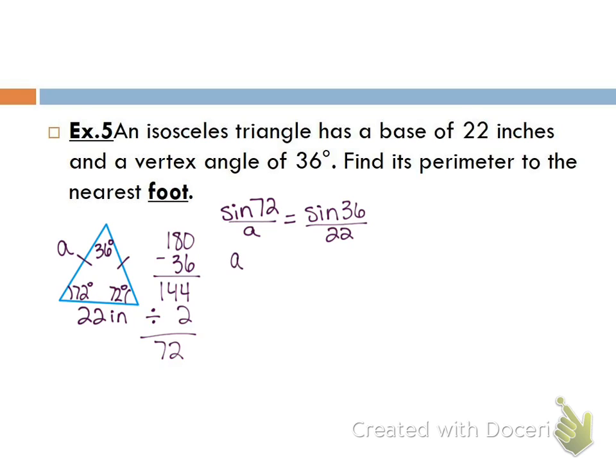Okay, when we cross multiply, we have A times sine of 36 degrees equals 22 times sine of 72 degrees. To get A alone, we need to divide by the sine of 36.